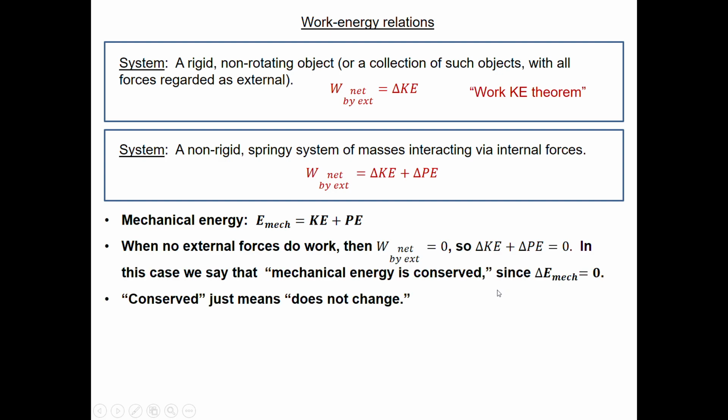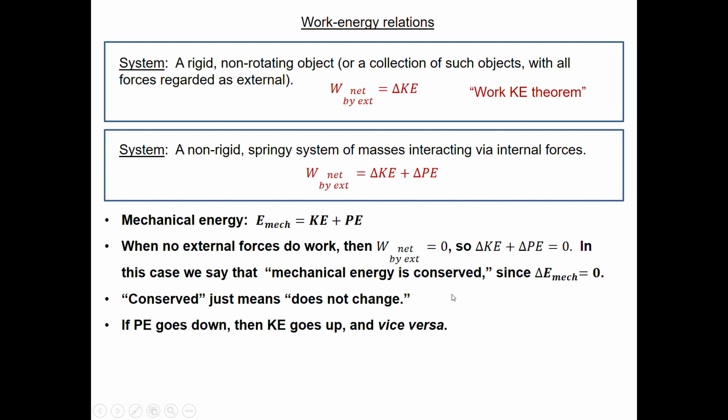And if mechanical energy doesn't change, sometimes people say mechanical energy is conserved, or that's an instance of the conservation of mechanical energy. Here, conserved just means doesn't change. It means it's conserved from the initial state to the final state, so it doesn't change its value.